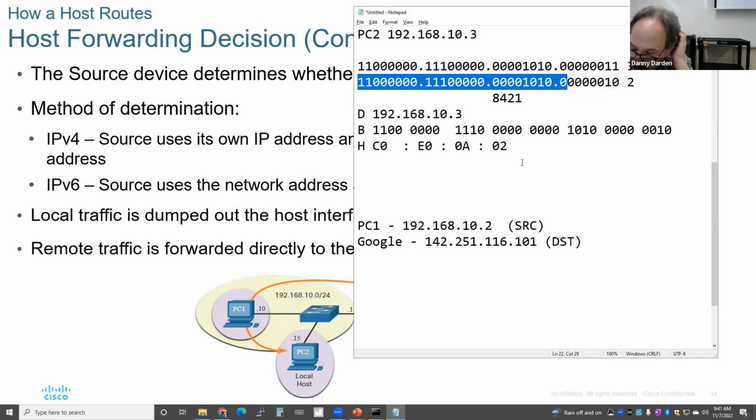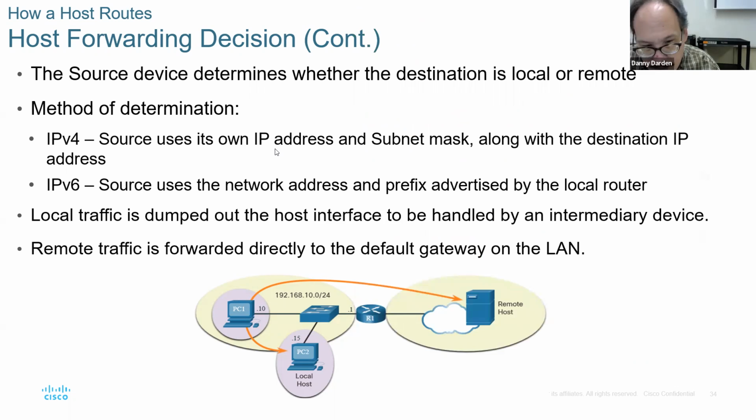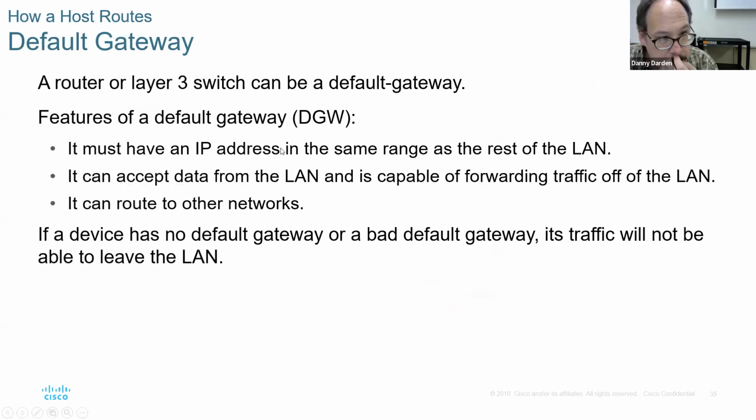We'll start looking at network masks and how we determine what's the host and what is the network pretty quickly. But here's an idea of a default gateway. When you have a default gateway, it has to have an IP address that's in the same range.